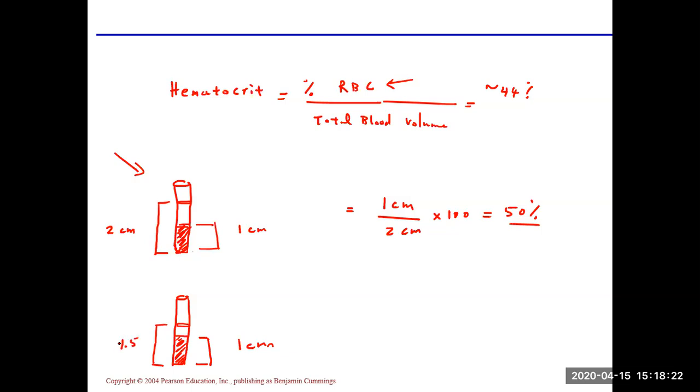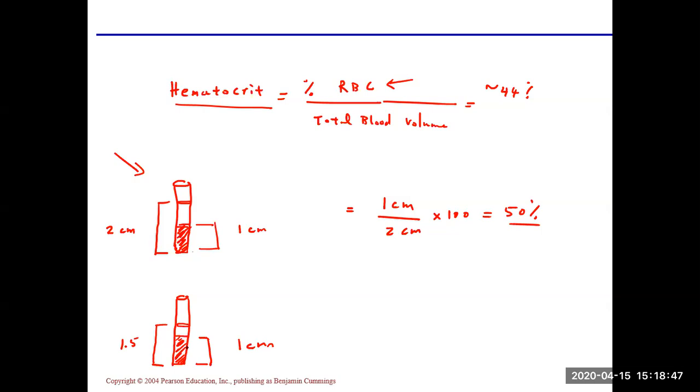Okay. So as a practice, you could go ahead and see what will happen to the hematocrit. Does the hematocrit increase? Does the hematocrit decrease? In order to answer that, you need to take a look at what is happening and what hematocrit is: the percentage of the red blood cells. To me, the percentage increased in this example.